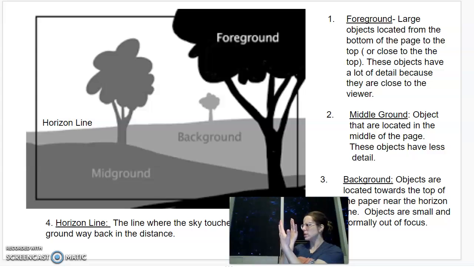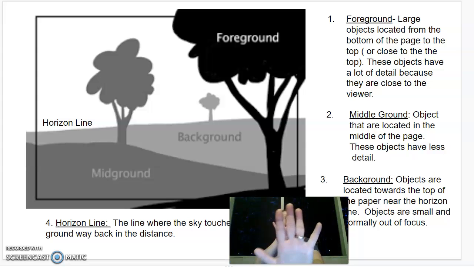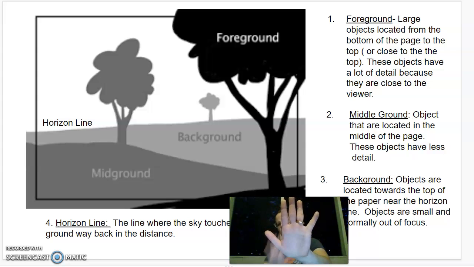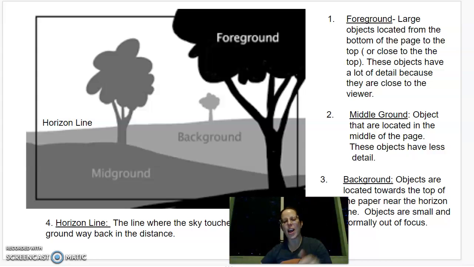But I thought it was, wait, large, medium, small. Foreground, middle ground, background, middle ground, foreground. All right, so my hand went large to small.